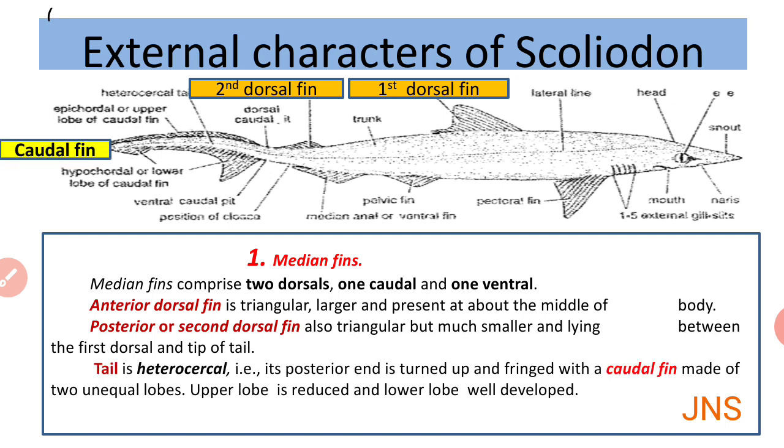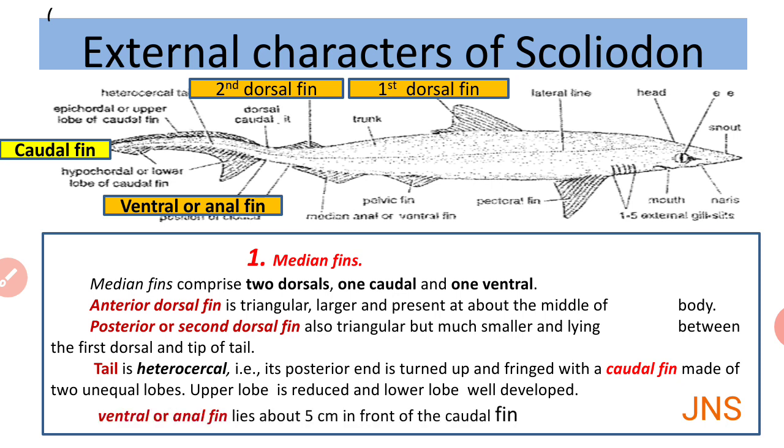The next median fin is the caudal fin. The caudal fin encircles the tail, which is heterocercal. The tail is the posterior end of the body; it is turned up and fringed with the caudal fin. The caudal fin has two unequal lobes, the upper lobe and the lower lobe. The upper lobe is reduced and the lower lobe is well developed.